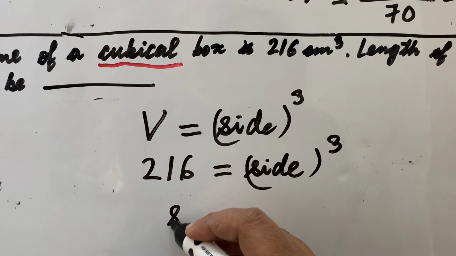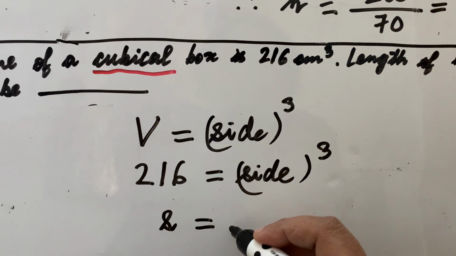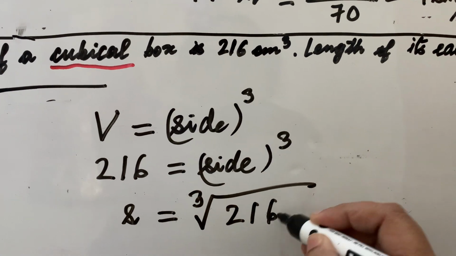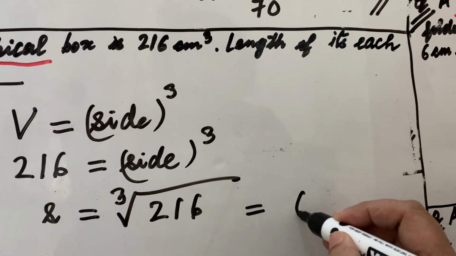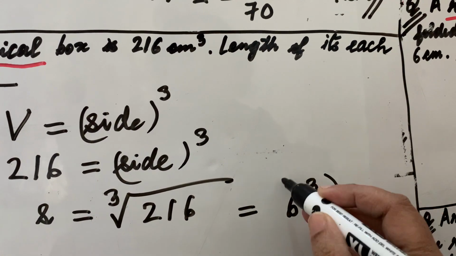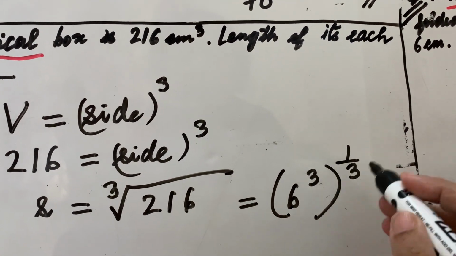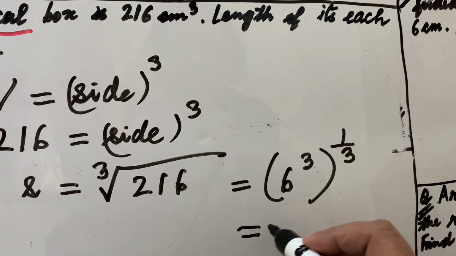So side will be equal to cube root of 216. 216 is 6 to the power 3. Cube root means to the power 1 by 3. So 3 and 3 get cancelled. You get 6 centimeter.